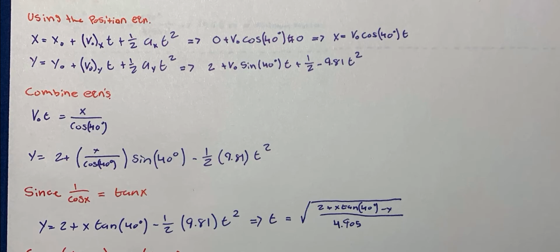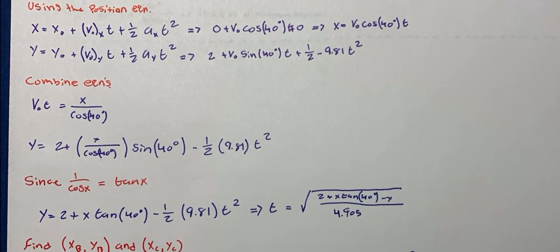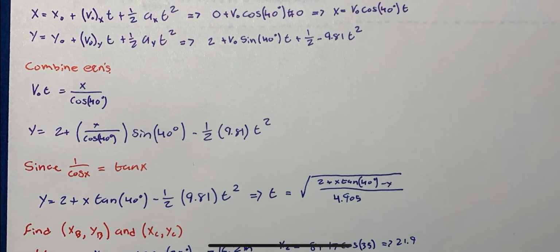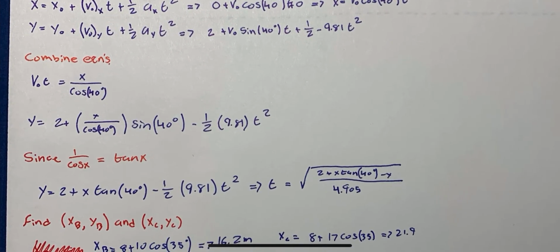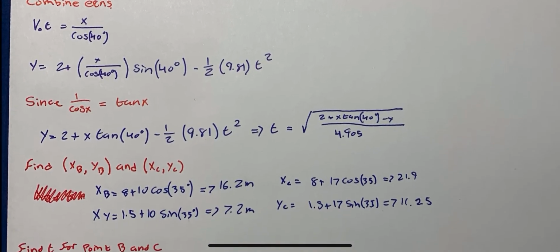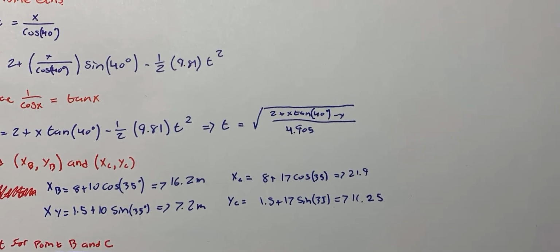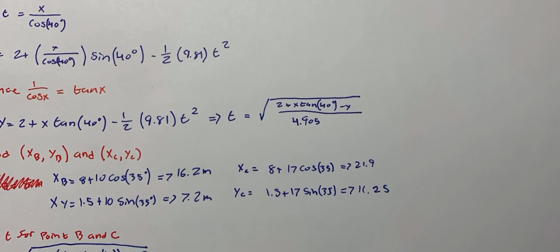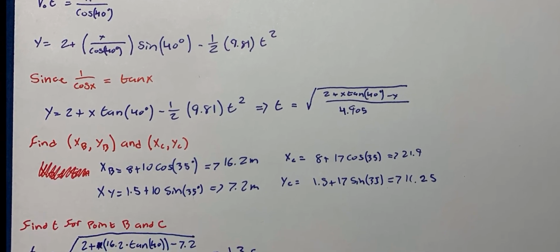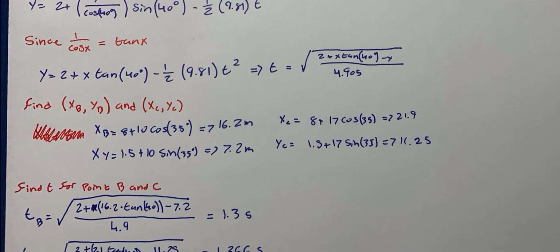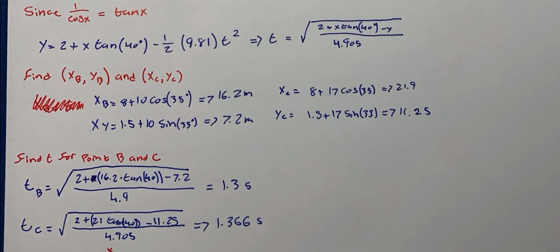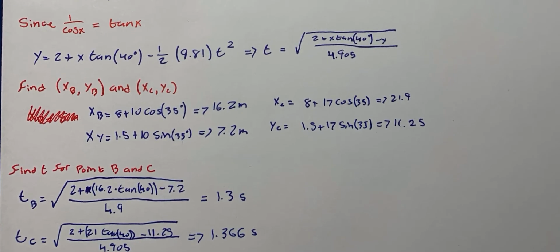And we're combining those two equations. And we can come to the realization that y is equal to this. And simplify a little bit, knowing that 1 over cosine x is equal to tangent x, we can come to a simple time equation. And then we just find x and y for the two different positions that are given.